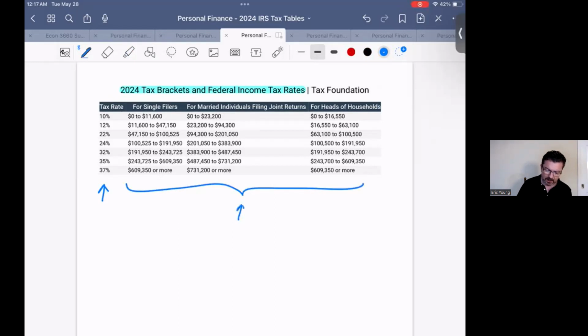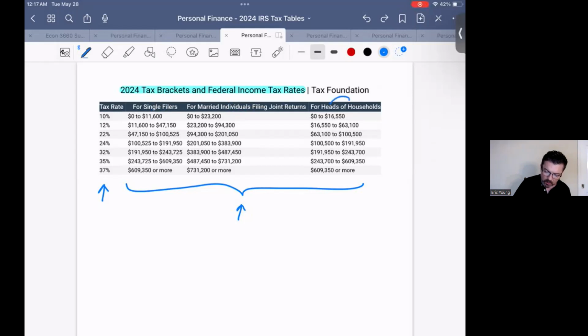The next thing you'll see is that we have here the 3 main filing statuses. In tax law, you typically file in one of 3 statuses. Single, meaning you're not married. Married filing joint, meaning that you are in fact married and that you and your spouse combine your materials together to file a joint return for the family unit.